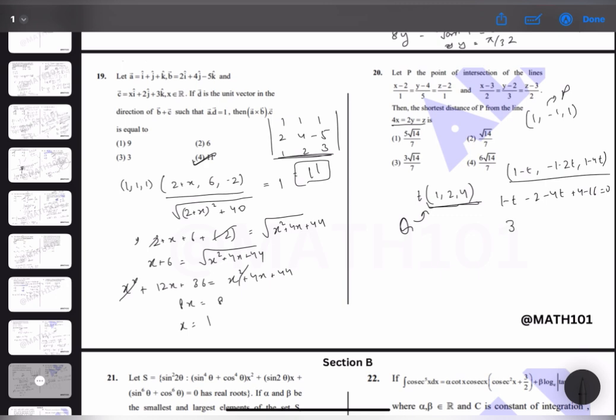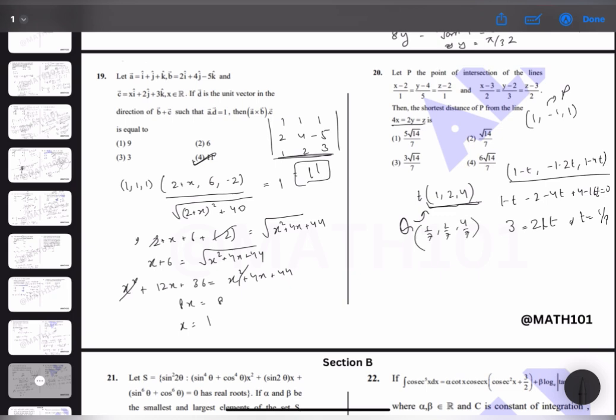We get 3 equals to 21t, which means t equals to 1 by 7. So the point Q is (1/7, 2/7, 4/7).